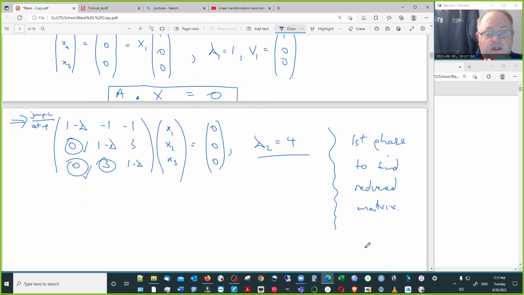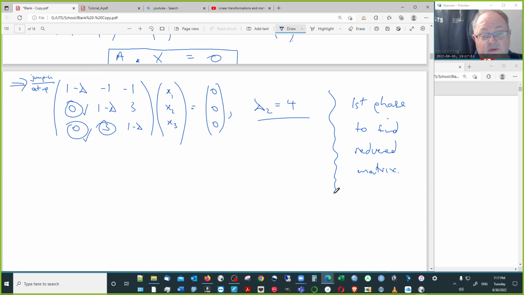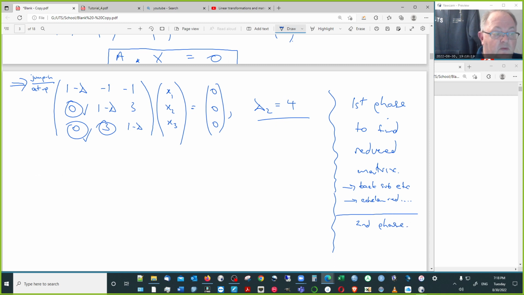Now ideally we want to get to a place where we can do back substitution, or we could go to a full echelon reduction, one of those. Alright, then the second phase is that once we've got the values of x1, x2 and x3, it's to actually find what those are.